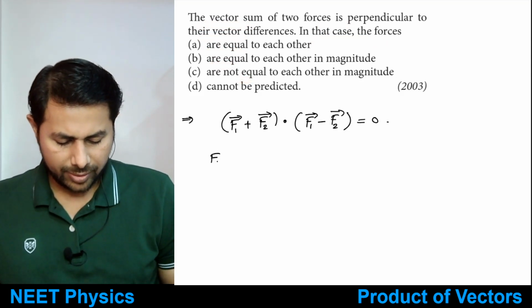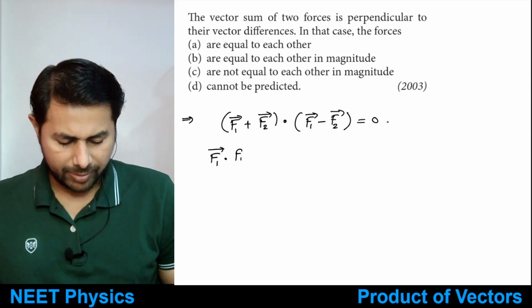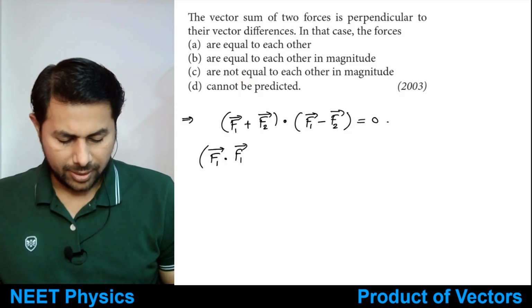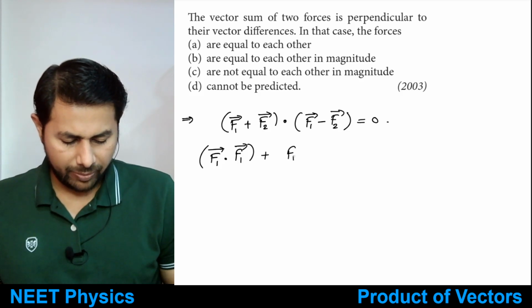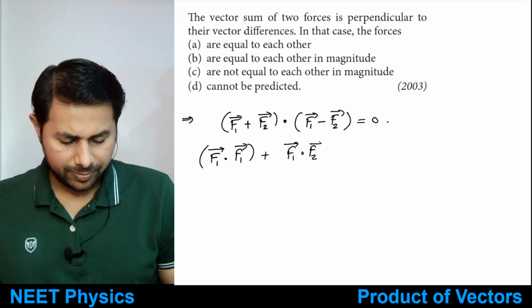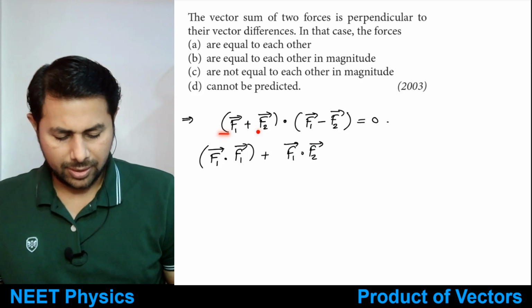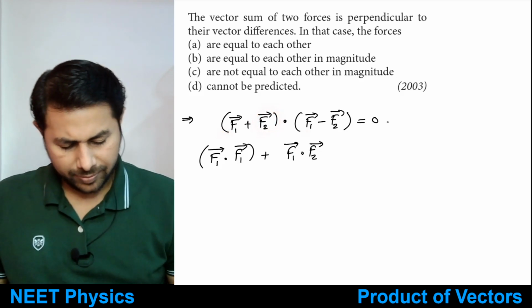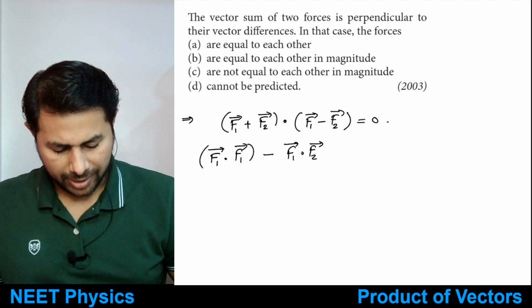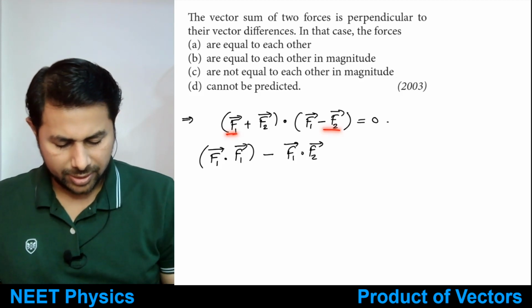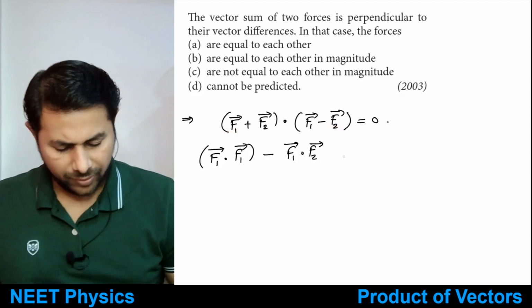So you have F1 bar dot F1 bar, plus you will have F1 bar dot F2 bar, then F2 bar dot F1 bar, this will be minus, right? This thing multiplied by this thing is negative.